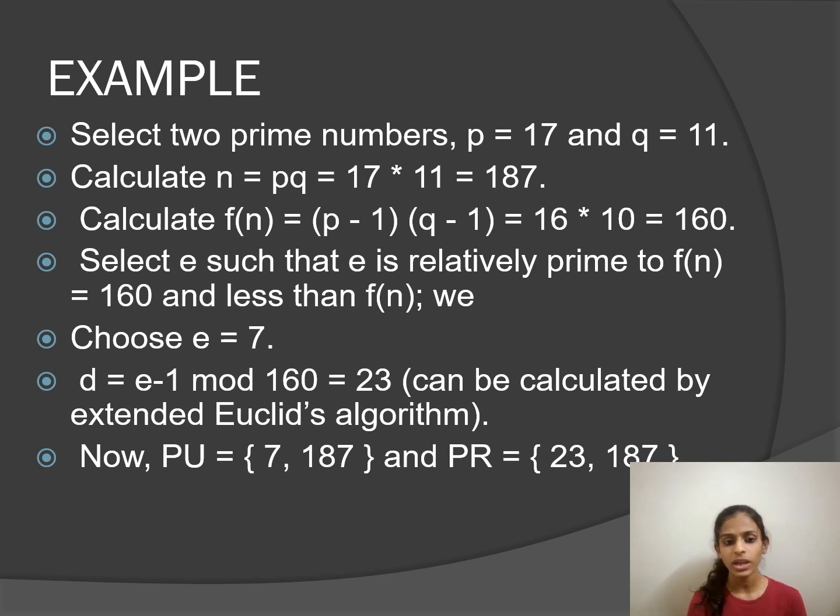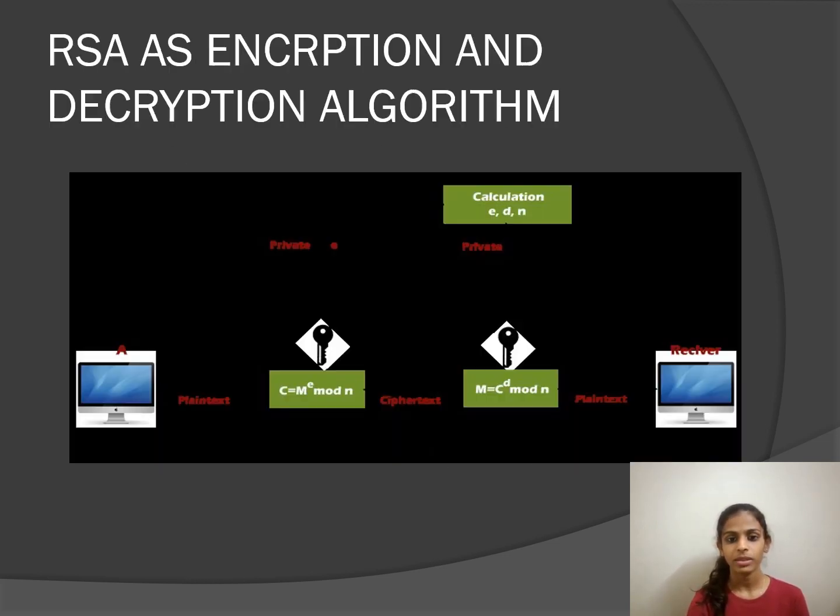So we have two ways to do that. Now after that, we have two values as seen before for public key and private key. Now we get the public key as 7 and 187 and private key as 23 and 187. So this is a small example of how RSA algorithm works, and we can see how the steps are implemented in the given example.